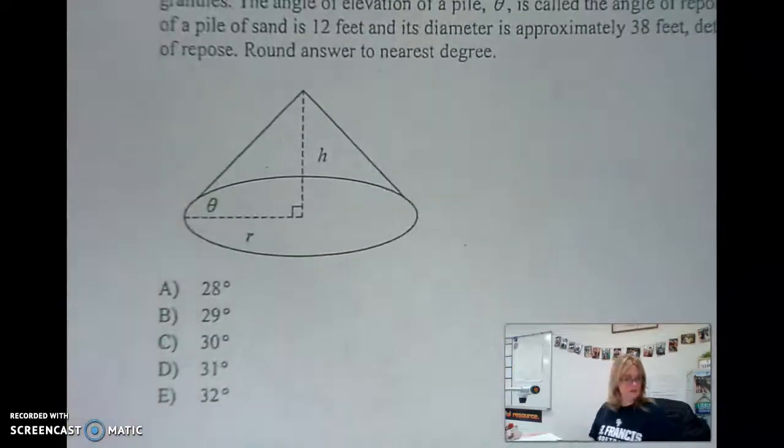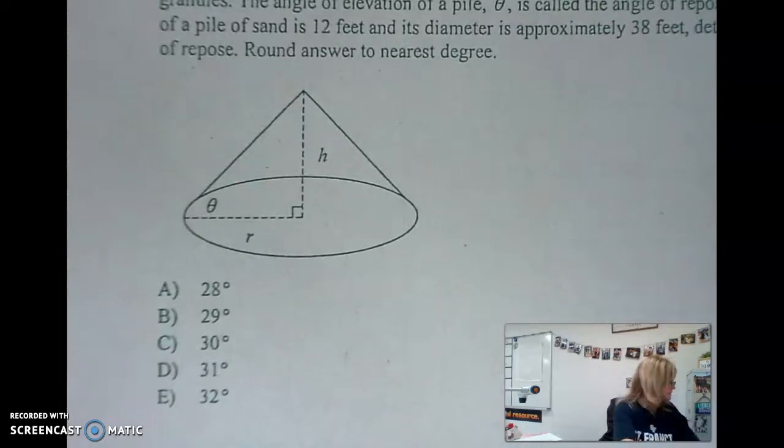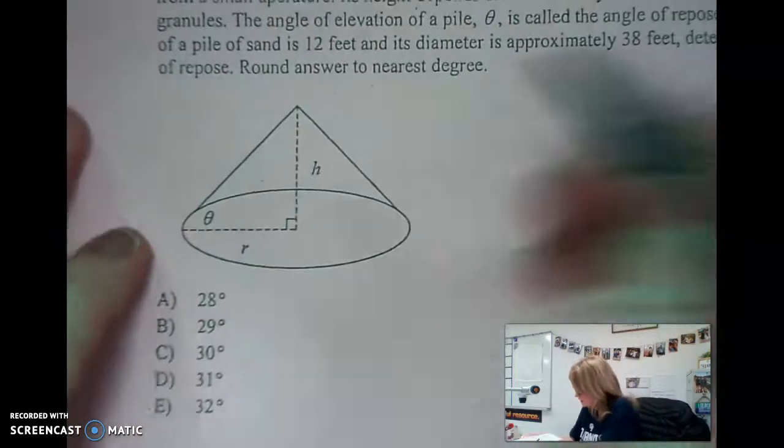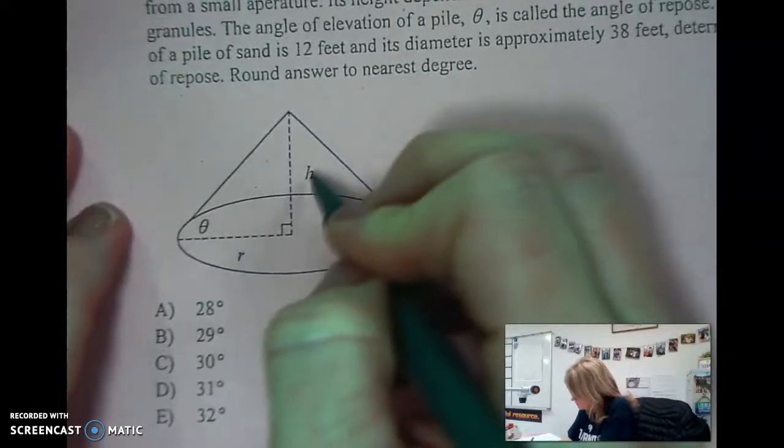All right, number 31. Again, you can go ahead and read through this one. I'm just double checking to see if we even need to do this one. Yep, we do. So we've got the height of 12.